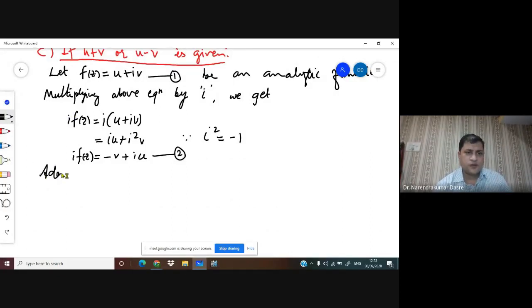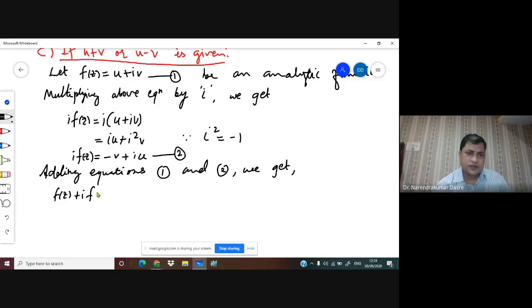So adding equations 1 and 2, we get f(z) plus i f(z) is equal to u plus iv plus minus v plus iu.